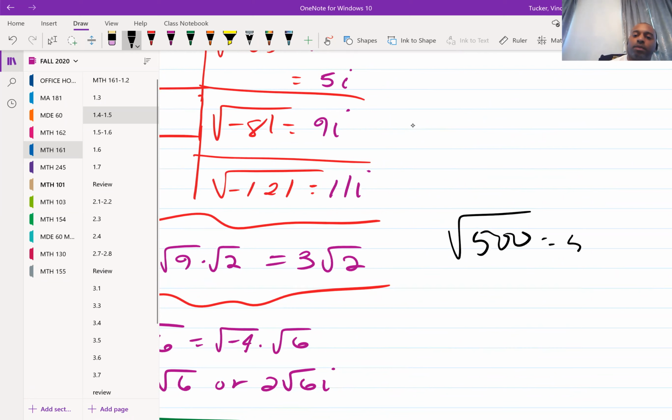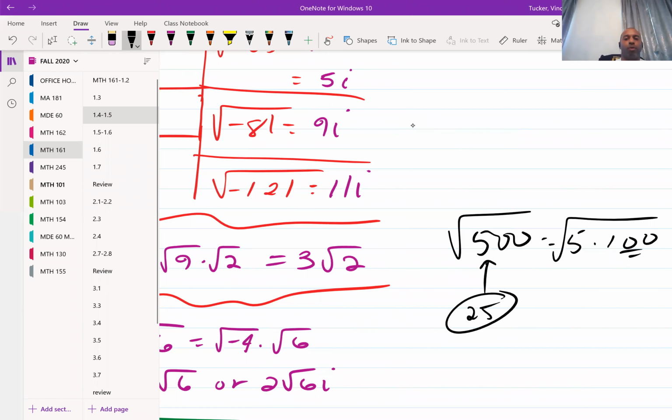I would break that up into 5 times 100, the highest one. But also in there is 25 that you could use. You could do 20 times 25? Yeah, 20 times 25. So I could take the square root of 25, but there's still more in there that I could take.